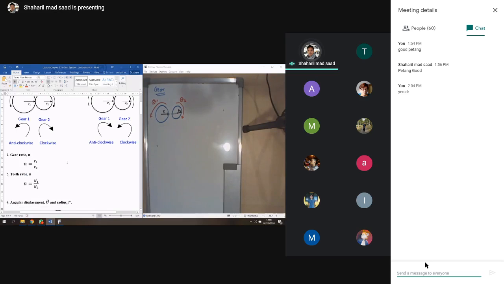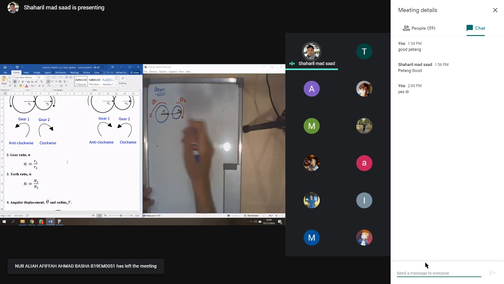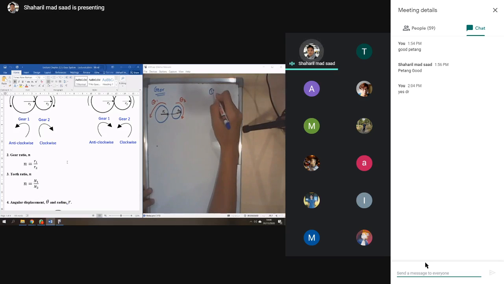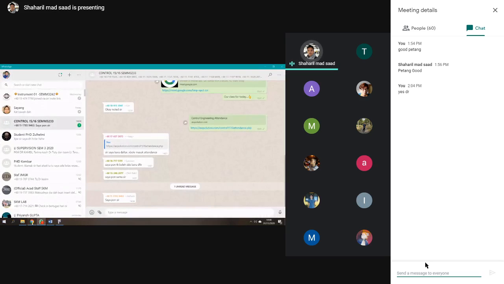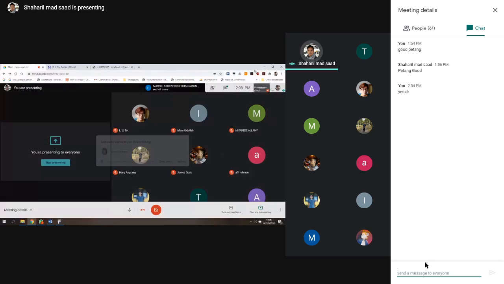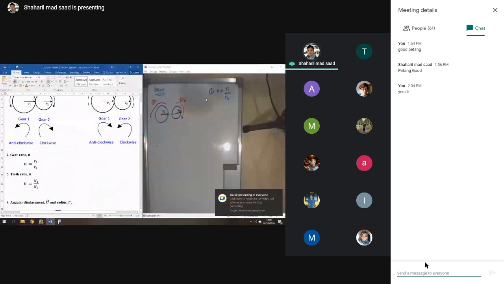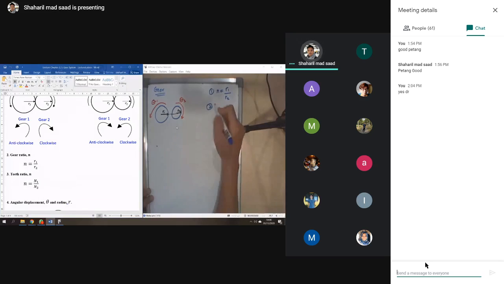From this you will get the equation, the relationship between these 2 gears in terms of gear ratio, so you have a radius ratio R1 over R2. This is the first equation. Like I mentioned before, we want to find the equation from this system, and if you have another system, you can find it too.